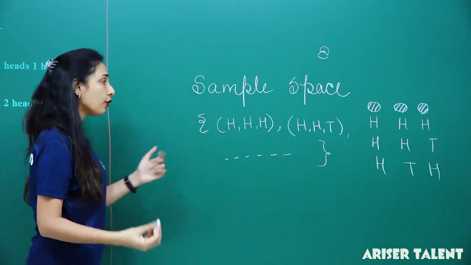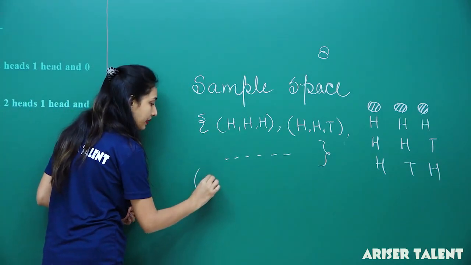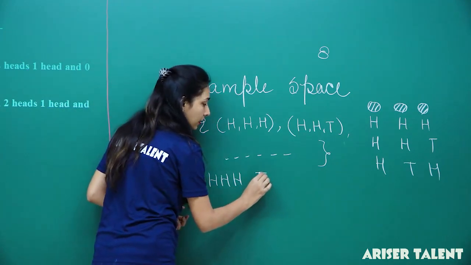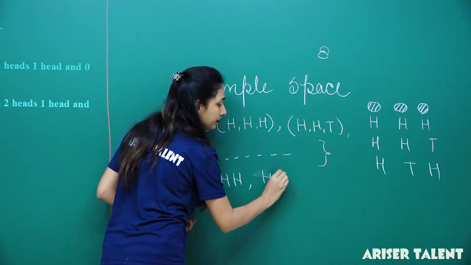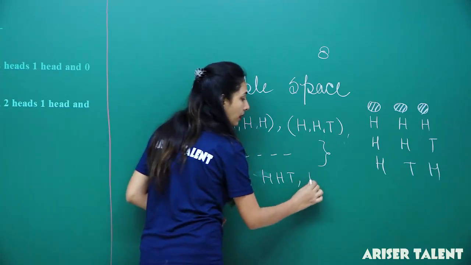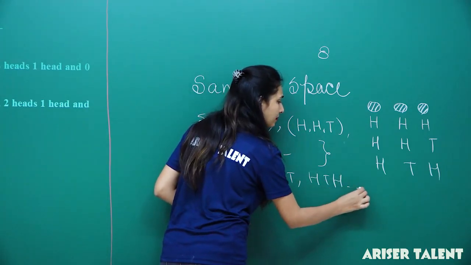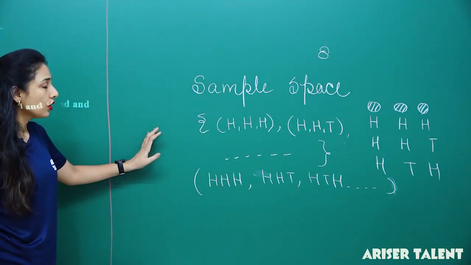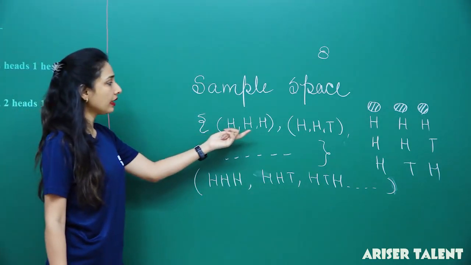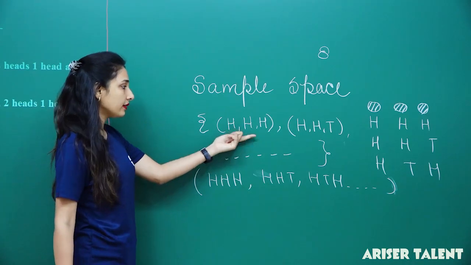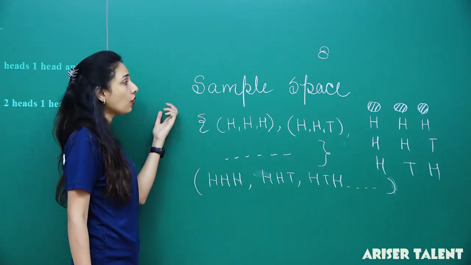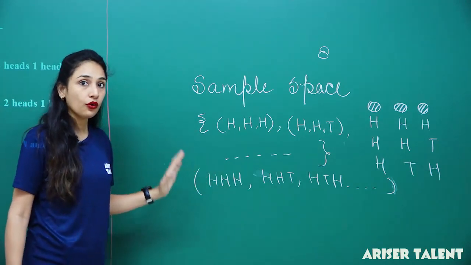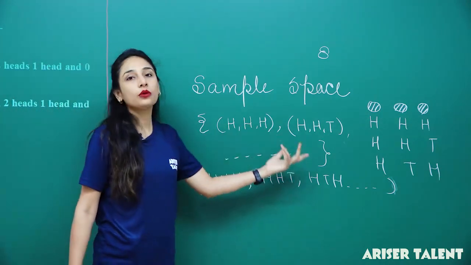Or else you can just simply write head, then comma, then head, tail, and then comma, then head, tail, head, and close the bracket. According to your relevance, you can write it like this or this, and this is what is called sample space. This is a method of writing the possible outcomes.